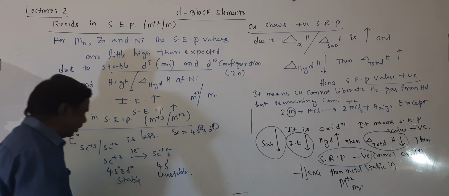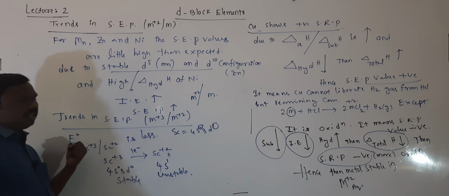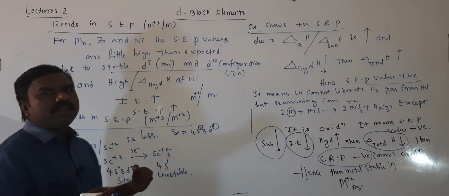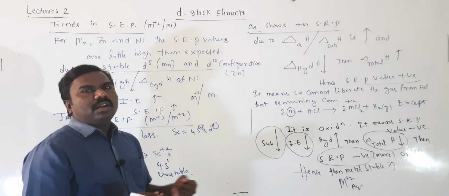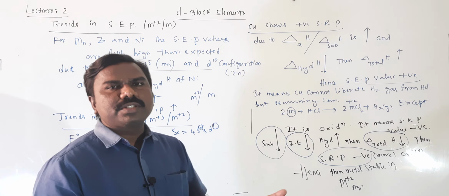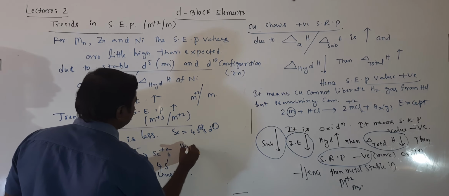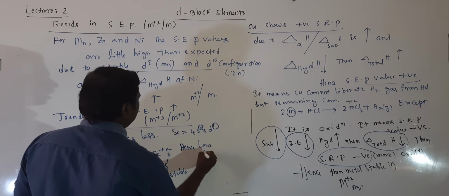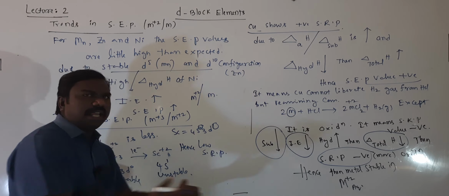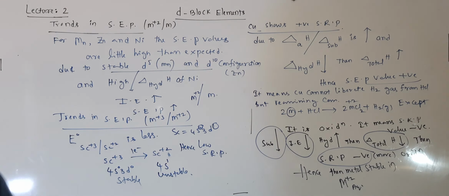Already stable, it will not gain an electron. Not gaining means not reduction. Not reduction means less, so hence low SRP. Already Sc plus 3 is stable.